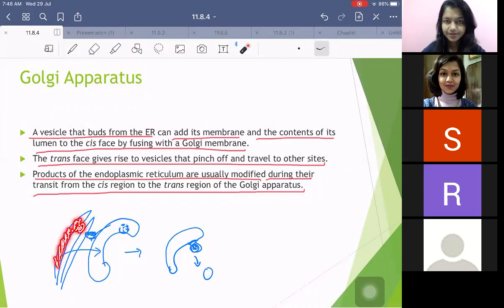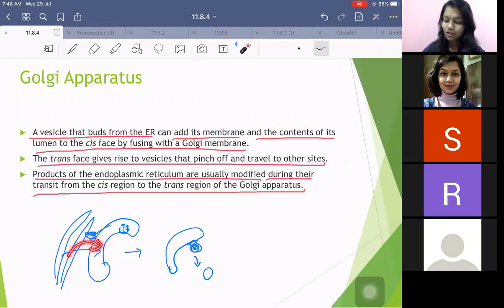Remember intralumen, inside the endoplasmic reticulum. From there, the content has come here. It will pinch off. Pinch off means it will cut out from there. And then it will fuse with the Golgi apparatus membrane. And then that content will be taken inside the Golgi. Got it? So this is how it has come from the endoplasmic reticulum to the Golgi.